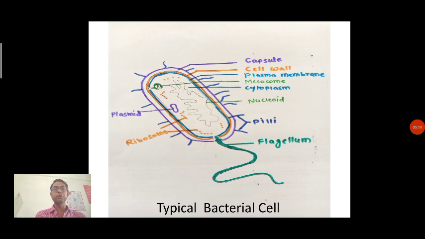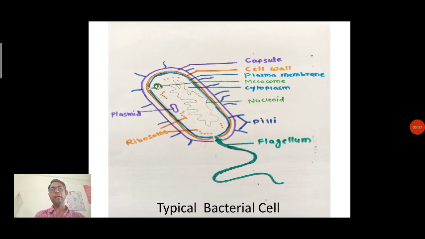In the cytoplasm we can see mesosomes, plasmid, ribosomes, and along with that you can see the presence of pili. Pili is an important structure present in bacteria. It is not compulsory in all bacteria, it is present in some, whereas it is absent in some.